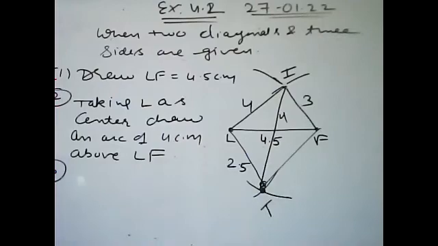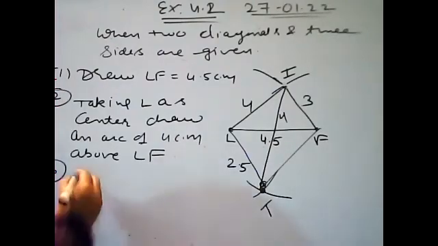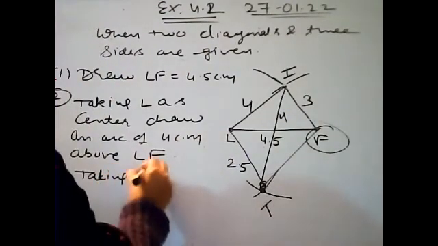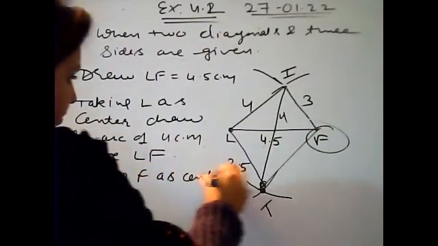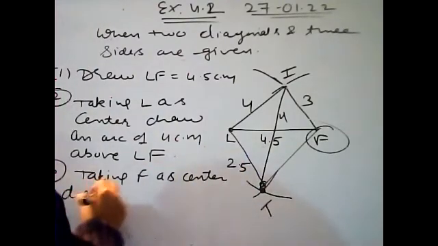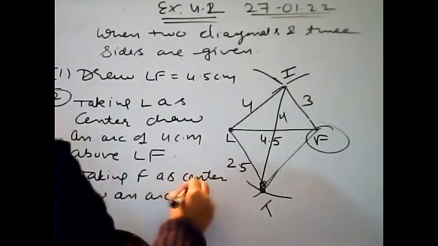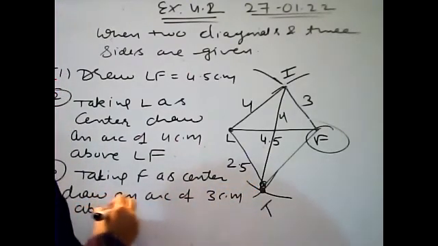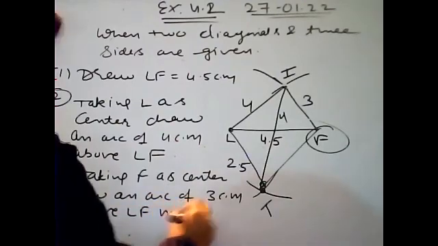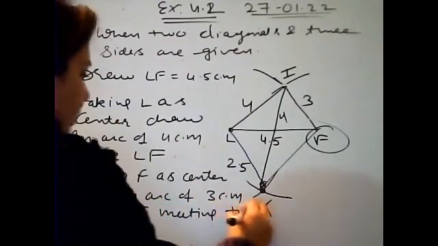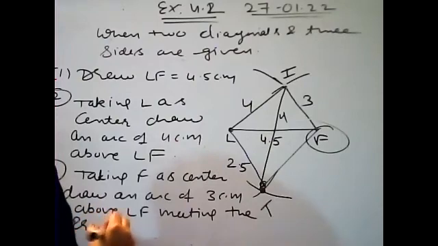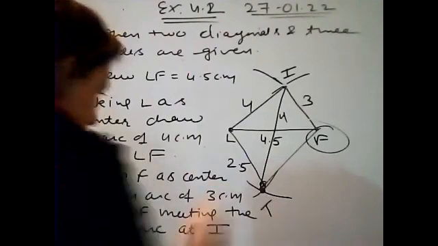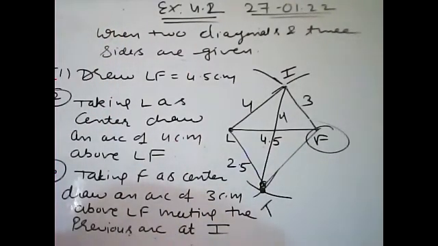Third, taking F as center, draw an arc of 3 centimeters above LF, meeting the previous arc at I.